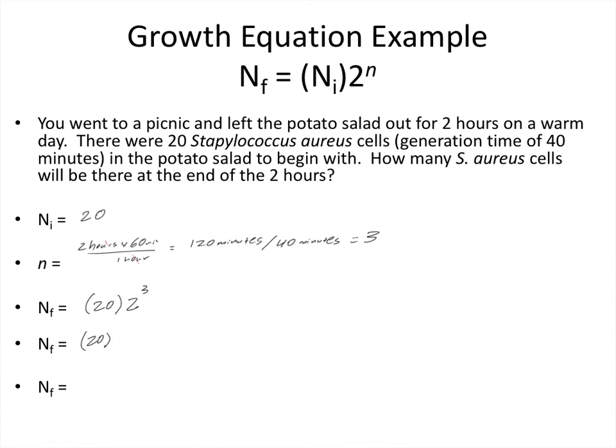Remember, when we're doing exponents, we're not doing 2 times 3, we're doing 2 times 2 times 2 in this case, or if you had a generation number of 4 up there, you would have 2 times 2 times 2 times 2. So just if you need to review exponents, definitely do that. And if you need help with them, let me know. But basically we have 20 times 8, because 2 raised to the third is 8. And so when we look at our equation, we just take 20 times 8, and that gives us an Nf of 160 cells.